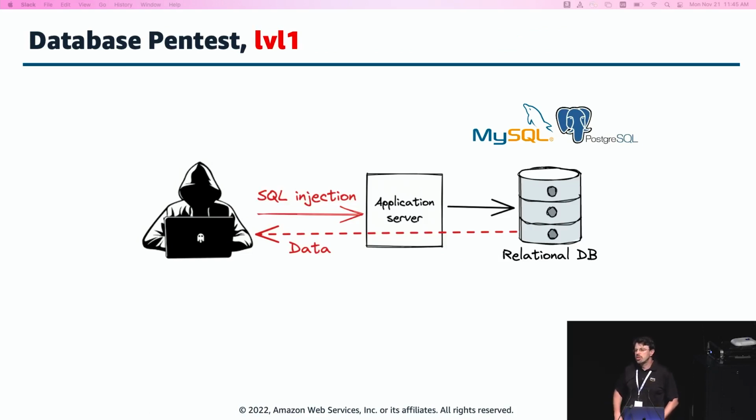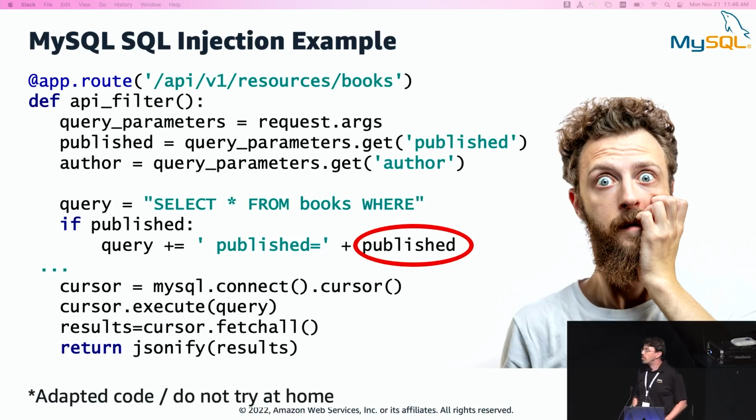SQL injection is actually a much more typical situation. With SQL injection, a hacker will come in through the application server, but then will be able to get into the database. So here is an example of SQL injection, a pretty obvious one, and a pretty bad one.